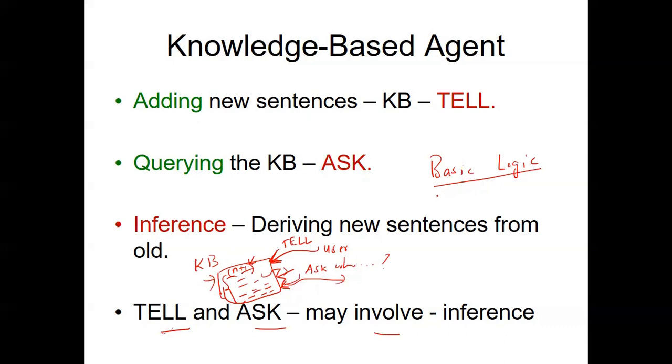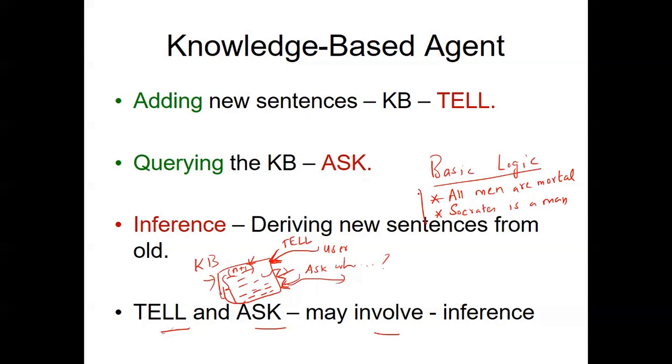So this is a very standard example. Say these are some of the basic axioms you are adding to the knowledge base. All men are mortal. This is a sentence you are adding, okay, and you are saying that Socrates is a man.